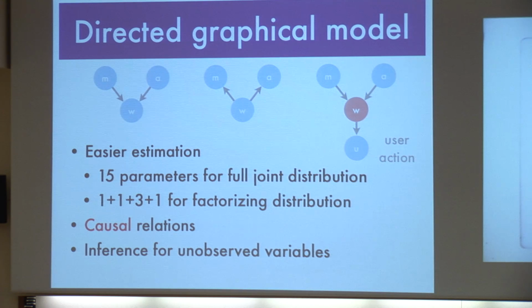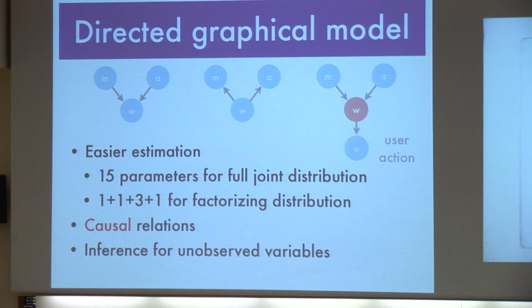That's actually a lot of parameters for this simple model. But if I exploit this factorization assumption, I need 6 parameters. Now, 15 versus 6 isn't such a drastic difference yet, but I can get cases where I need linear rather than quadratic numbers of parameters if I make certain simplifying assumptions.